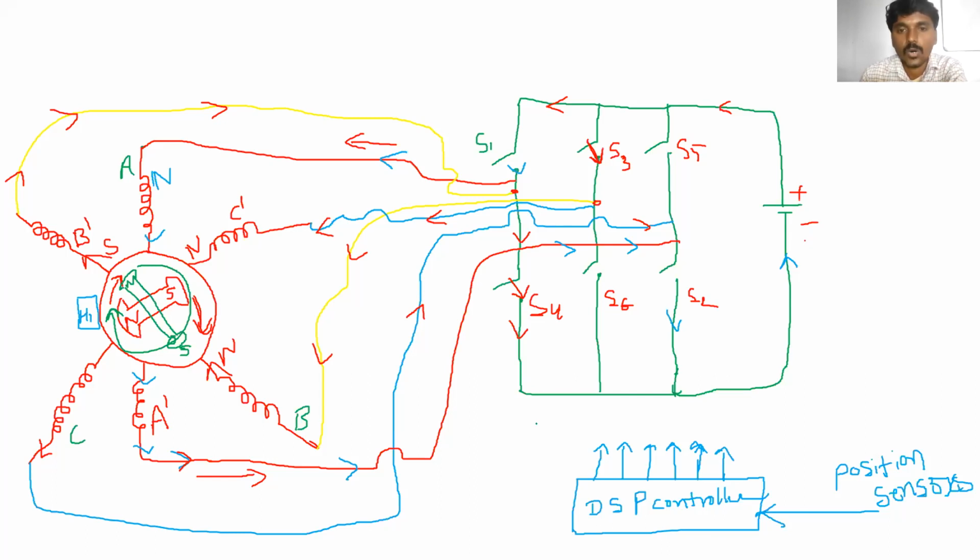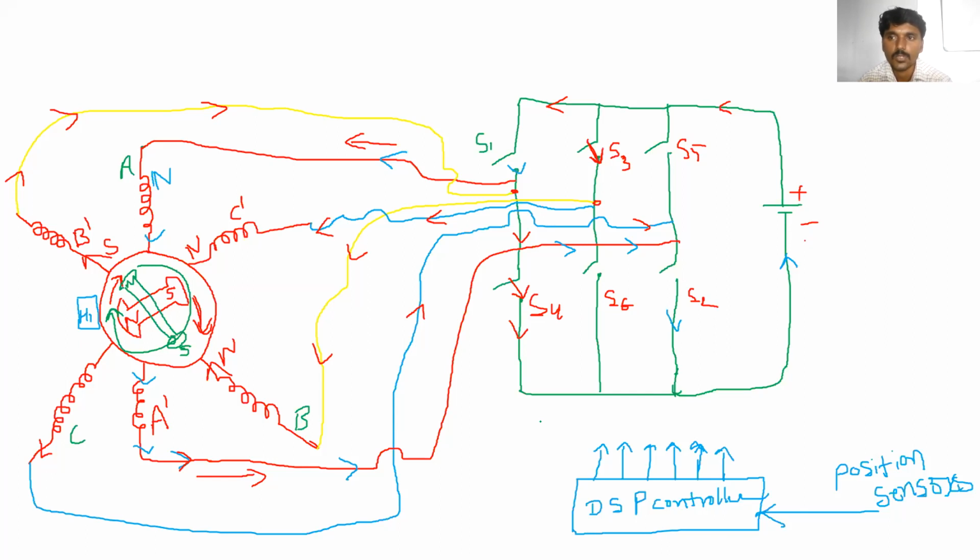Okay, so this is the construction and operating principle of the brushless DC motor. Why is it called a brushless DC motor drive? Because this motor is operated through a power electronic converter.